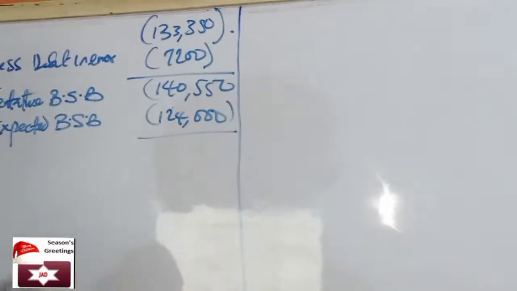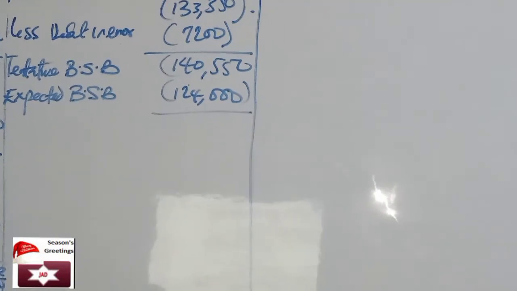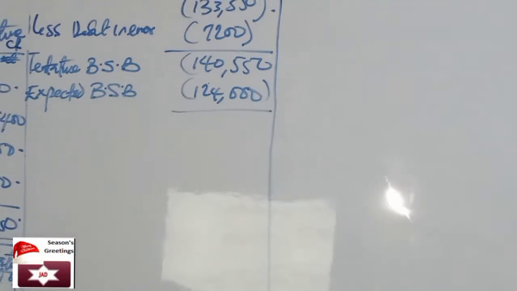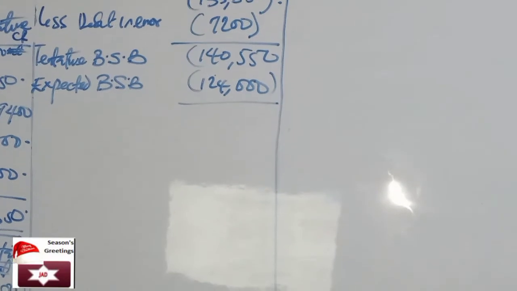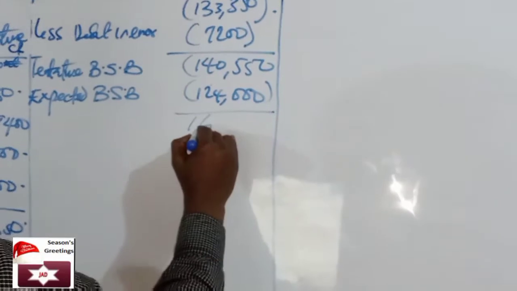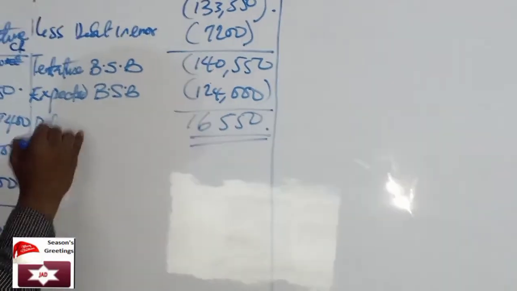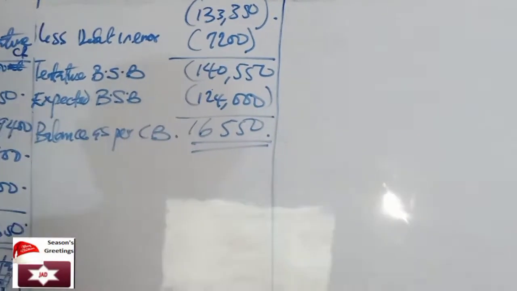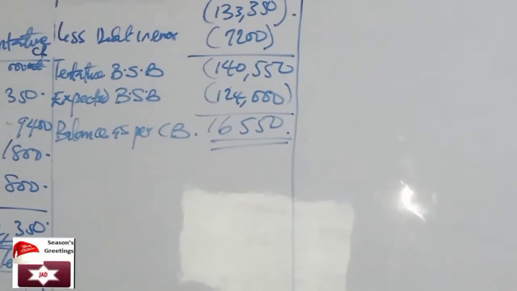So what's the difference? The difference, 140,550 minus 124,000, is 16,550. So this must have been the balance as per the cash book.